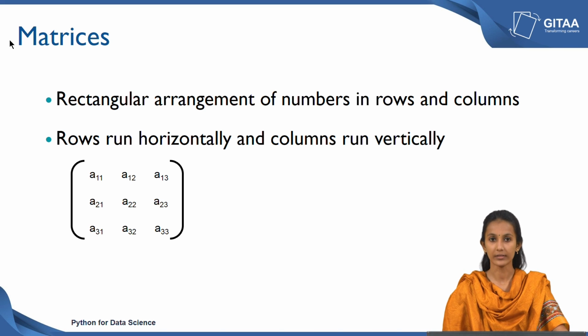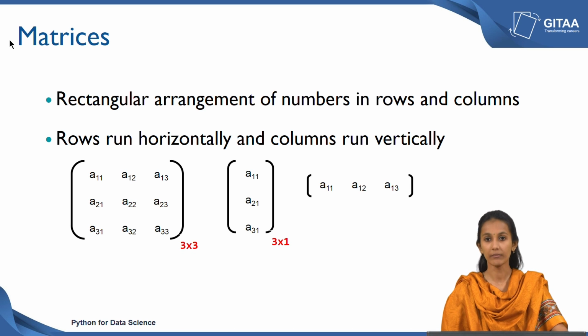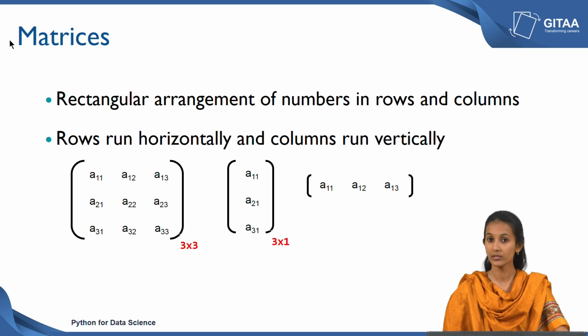And the second row consists of elements A21, A22, A23. Similarly for the third row. We will take another example. This one is a 3 cross 1 matrix, which means 3 rows and 1 column. This one will be a 1 cross 3 matrix, which means 1 row and 3 columns.